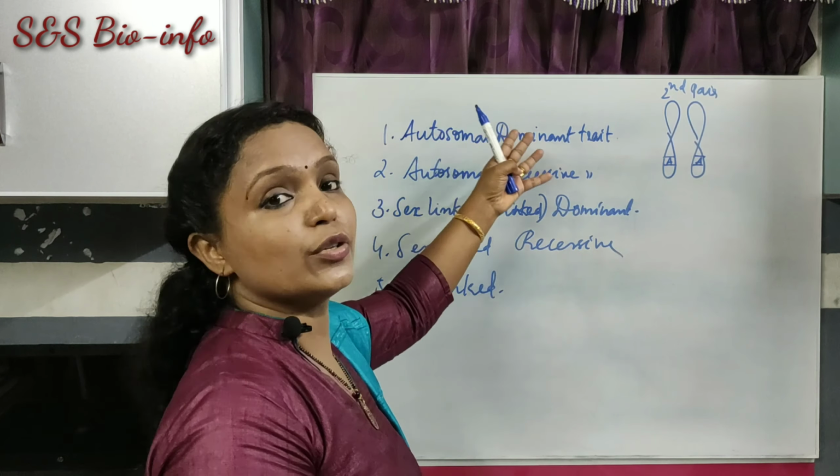Then what is autosomal recessive? Suppose another chromosome pair. If both recessive alleles are present at a particular gene locus in the homologous chromosomes, that recessive allelic pair is responsible for that particular autosomal recessive trait or disorder in that person. Okay, then sex-linked dominant means this is an X chromosome.